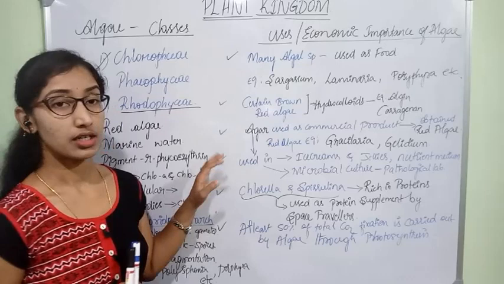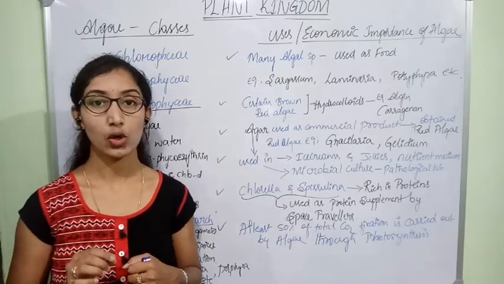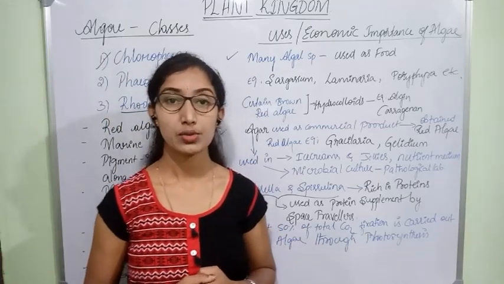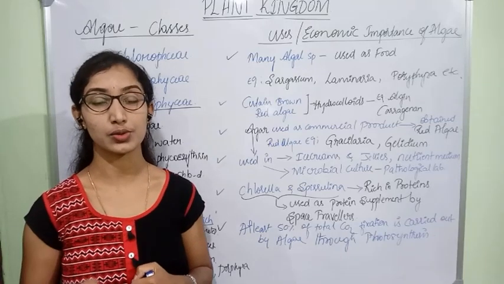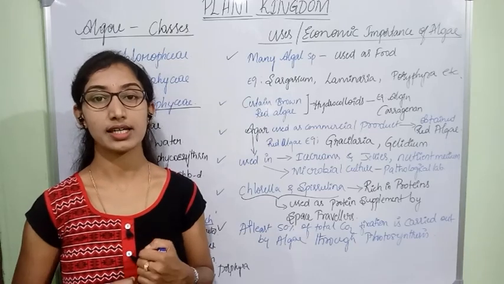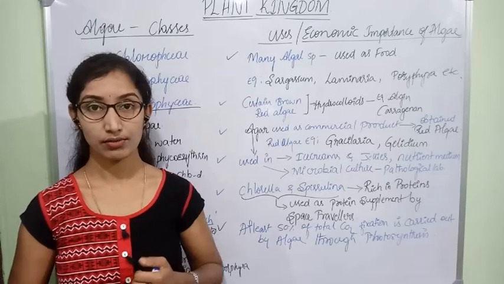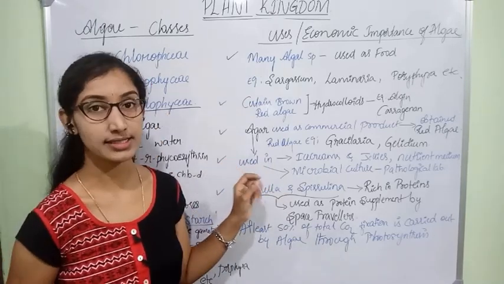In the next part, we are going to see the economic importance or the uses of algae. Usually, algae play a very vital role for commercial purposes and are used in many fields. Let us go through where we use algae.